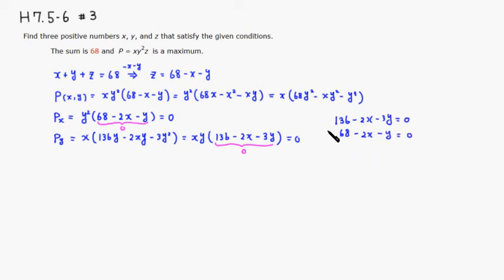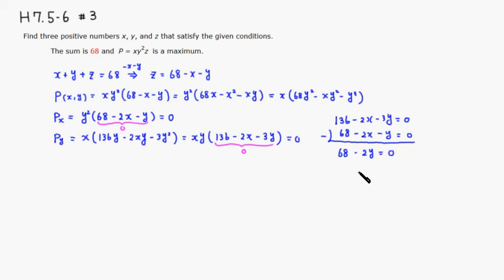So we can just do a subtraction to get rid of x. 136 minus 68 would be 68. Negative 2x minus itself is 0. Negative 3y minus negative y would be adding y, so it's going to be negative 2y. So this is equal to 0.